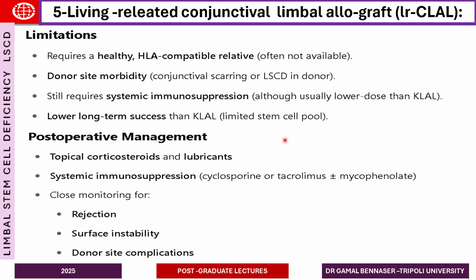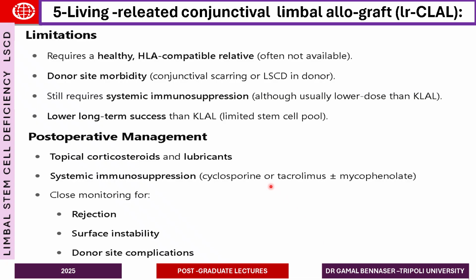Now, the limitation for this type is that you require an HLA compatible donor, so you have to perform a battery of laboratory investigations with different antigen compatibility, so that you secure that there is no risk of rejection. And of course, even with a highly compatible donor, you still need immunosuppression, but the risk of rejection is low as compared to the KLAL, as I have mentioned before.